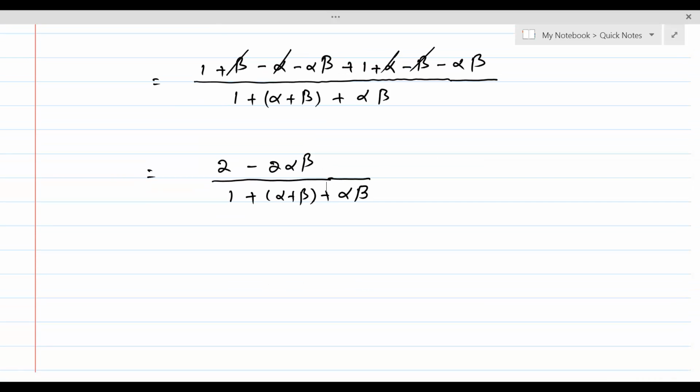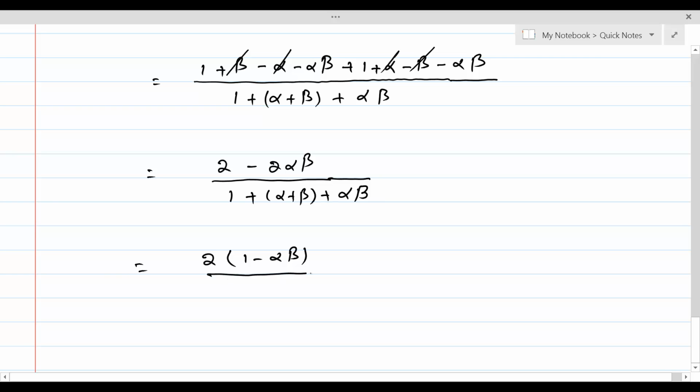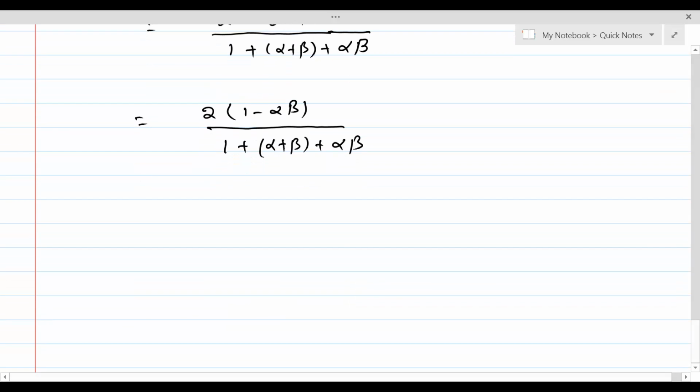So now we can substitute the values for 2 times (1 minus alpha beta) divided by (1 plus alpha plus beta plus alpha beta). Now the value for alpha into beta is 5 and alpha plus beta is equal to 3.